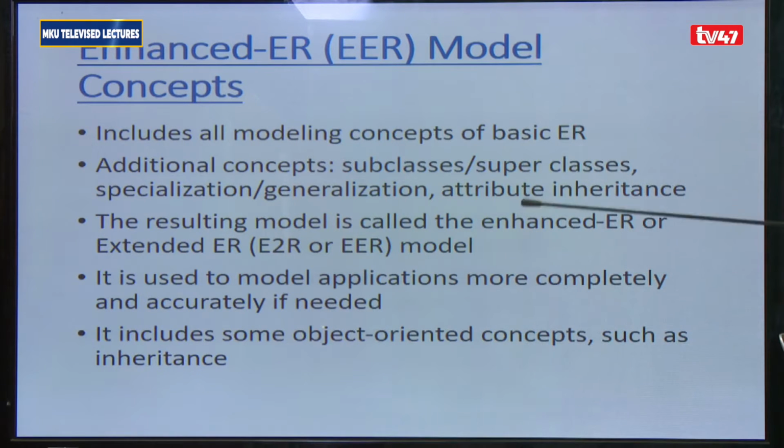Once we have factored in all these aspects, that results into something that we are calling the enhanced entity relationship models, or the extended. In some cases, you might find some books referring to them as ER2s or E2Rs.